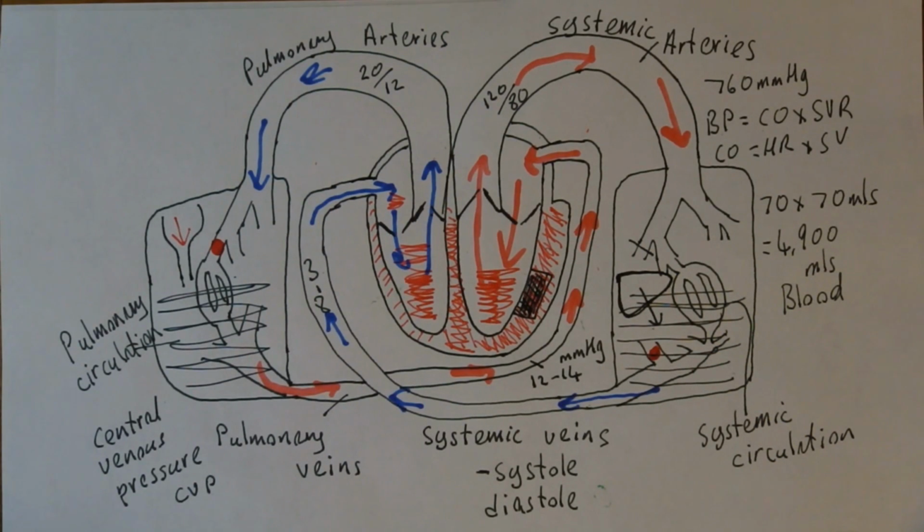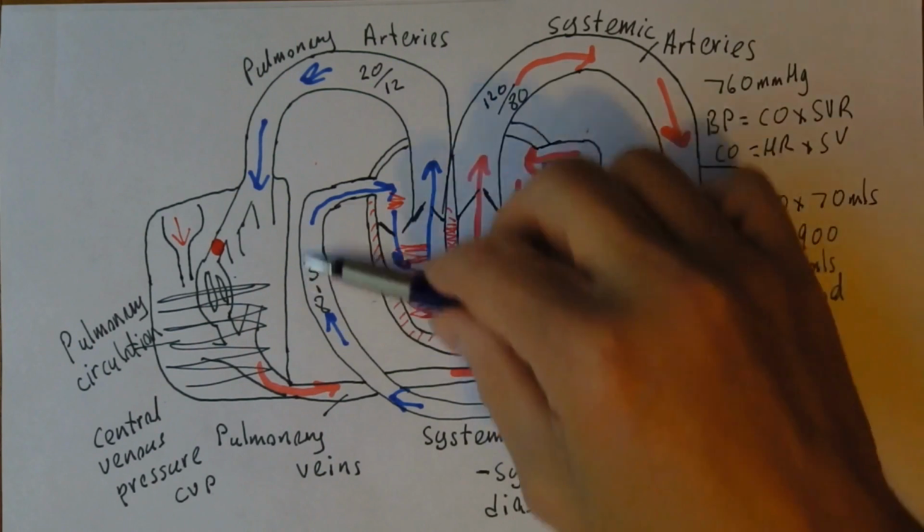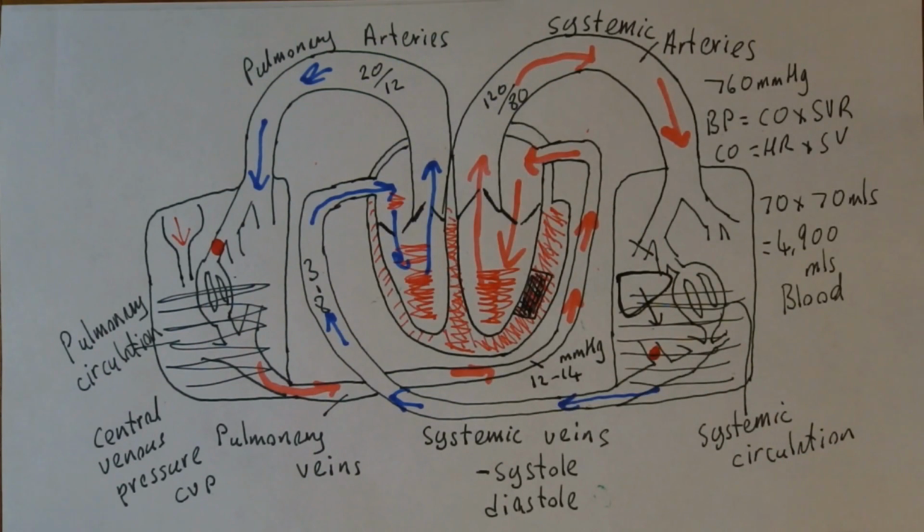So very simple diagram, but it actually explains quite a lot of cardiovascular disease. Well worth memorising this or a similar diagram like this so you can use it in your own teaching.